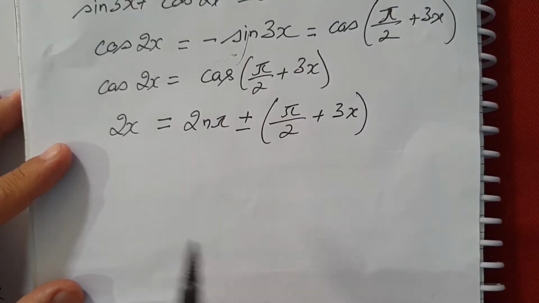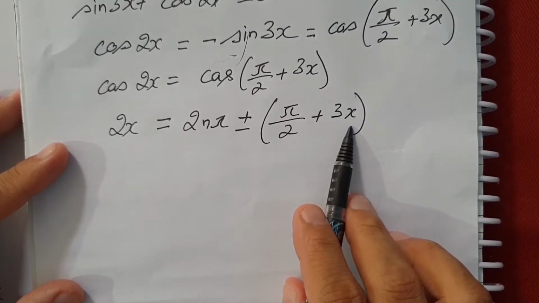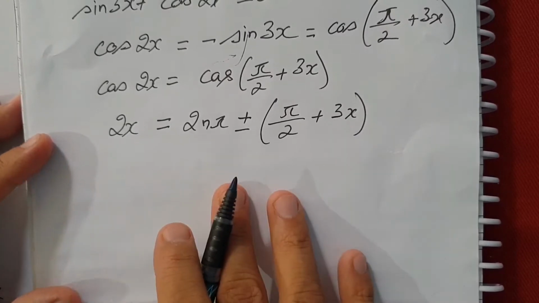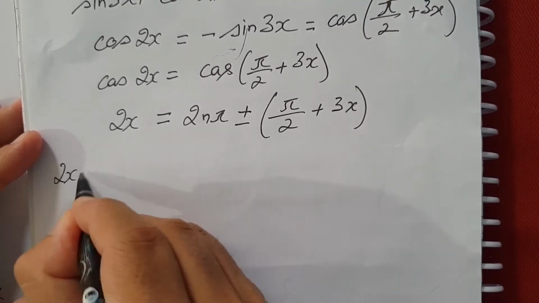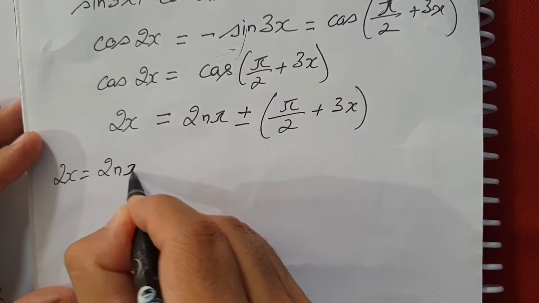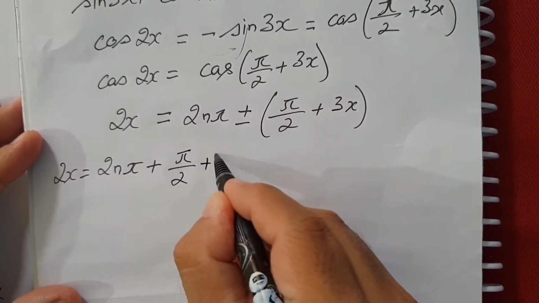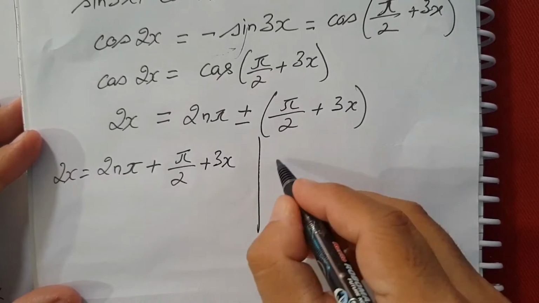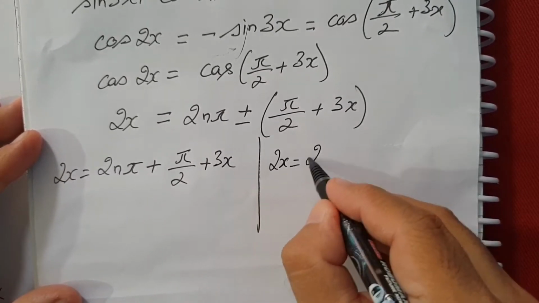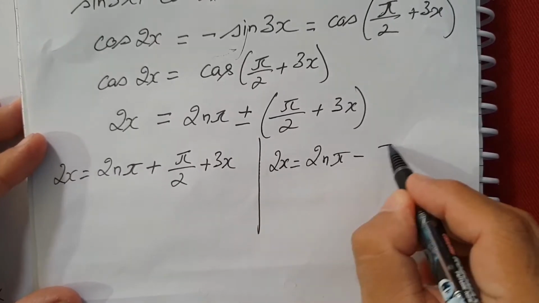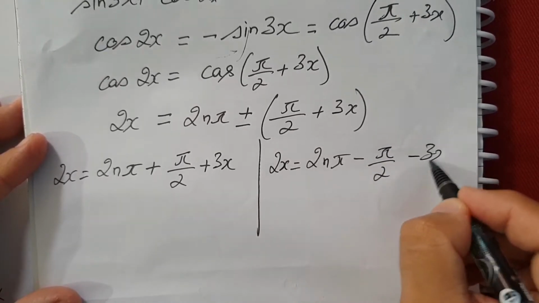Now this involves 3x, so I am going to write it separately. First part is 2x equals 2n pi plus pi by 2 plus 3x. Second part is 2x equals 2n pi minus pi by 2 minus 3x.